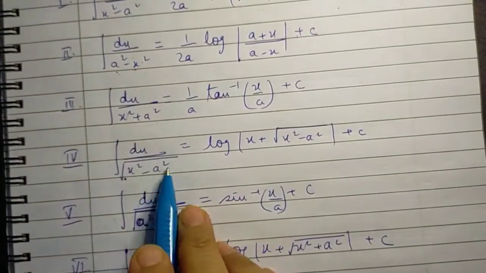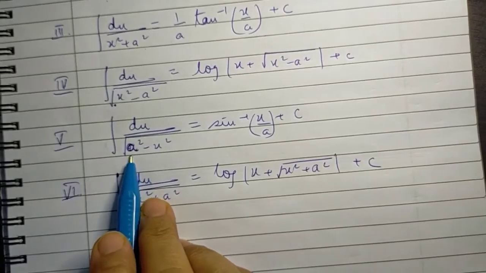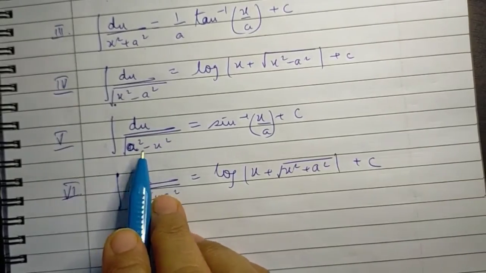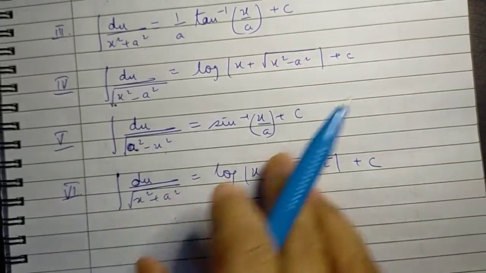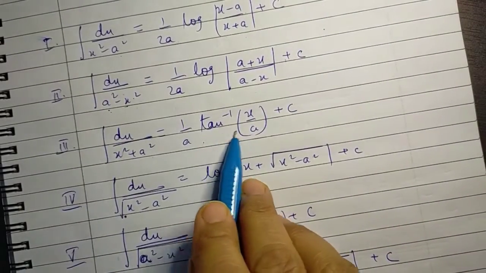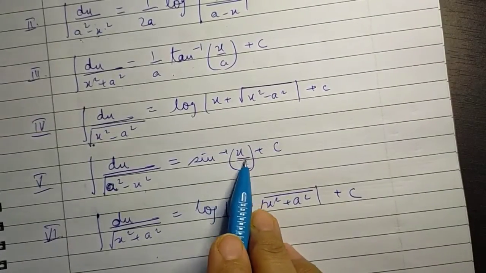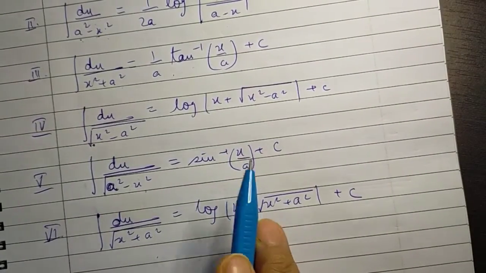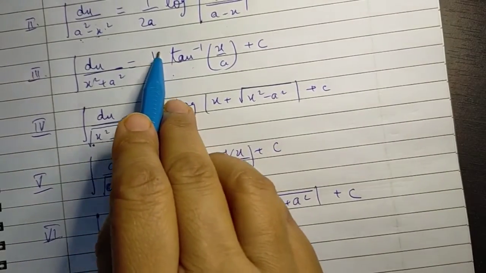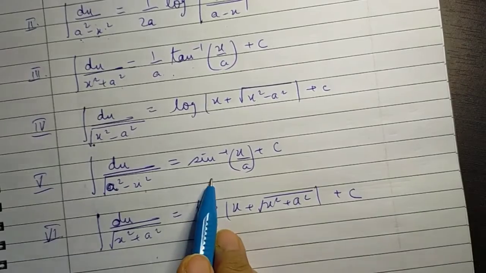Similarly, the results for 1 upon x squared plus a squared and 1 upon under root of a squared minus x squared are similar, and this result has 1 upon a. Now this one has tan inverse x upon a term, whereas this one has sine inverse x upon a term. But there is another difference, that is here there is a coefficient 1 upon a and here the coefficient is missing.